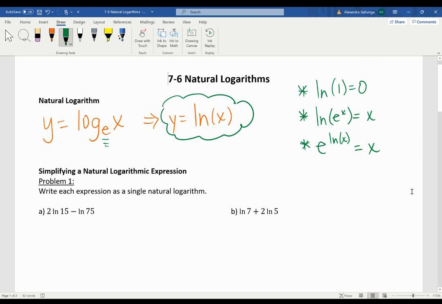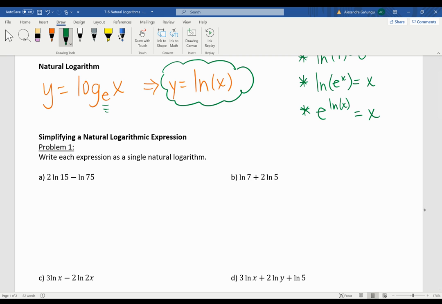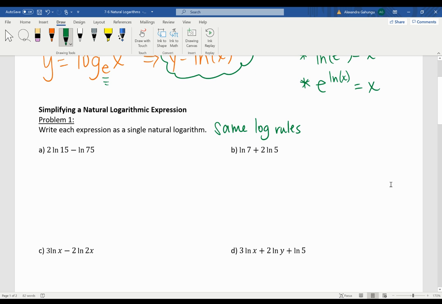We're going to use that again. So here we go. With just writing these as a single log, since it is a log, we're going to use our same log rules. So what we're doing is trying to write it as a single log when subtraction means division, and we just have to make sure that we deal with this 2 first.